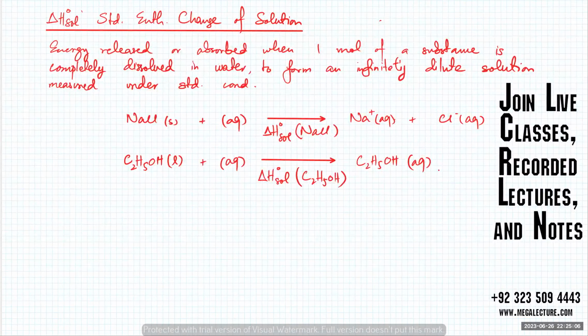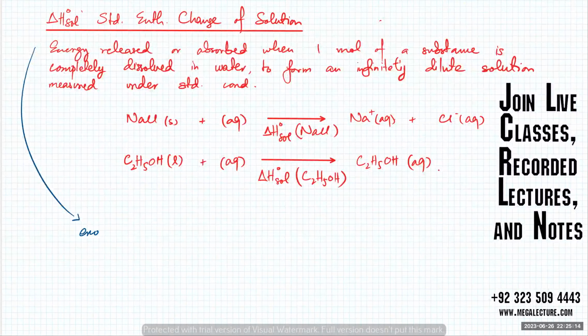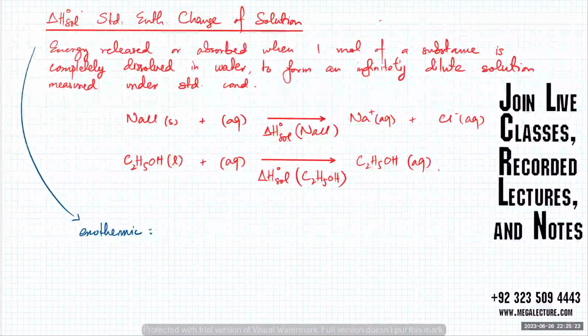Now, the thing is that enthalpy of solution could be both exothermic or endothermic. So if it's exothermic, what does that mean? That means that there's strong attractive forces between solvent and solute.